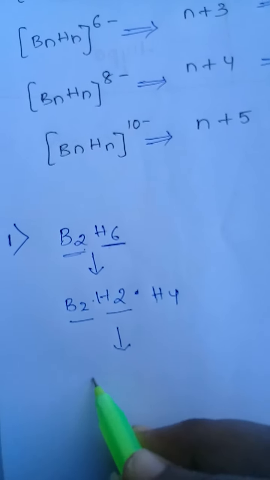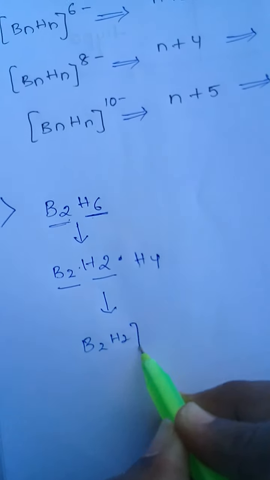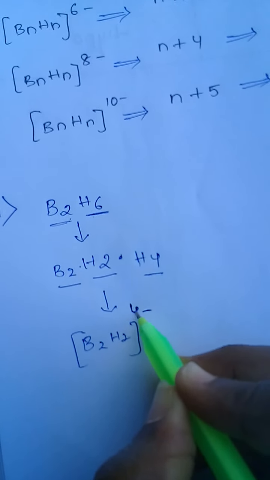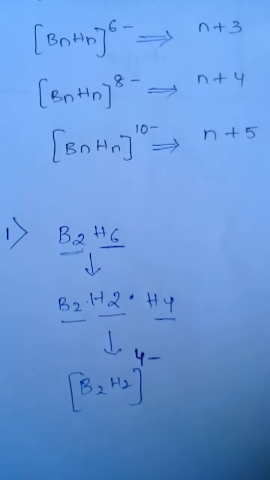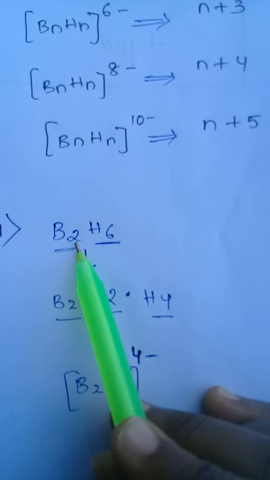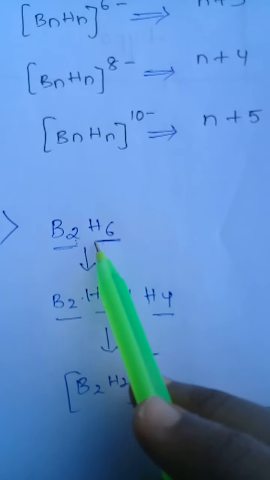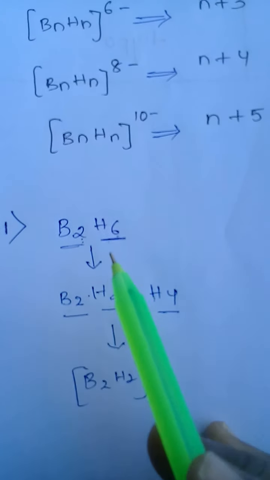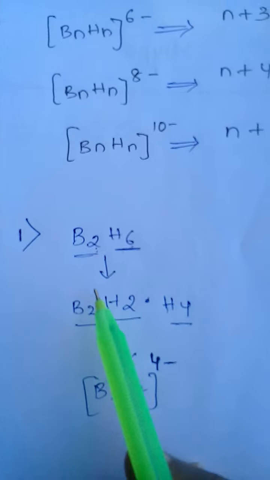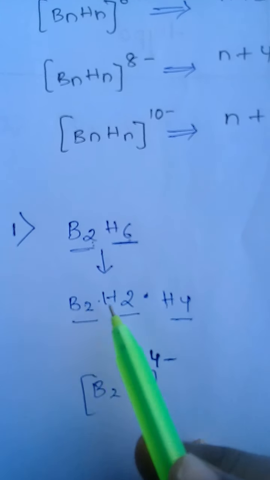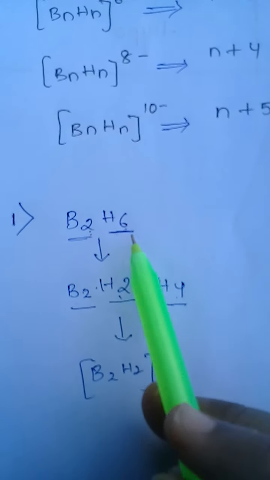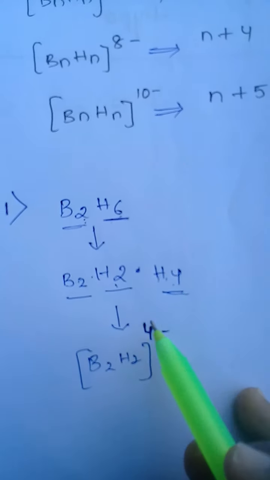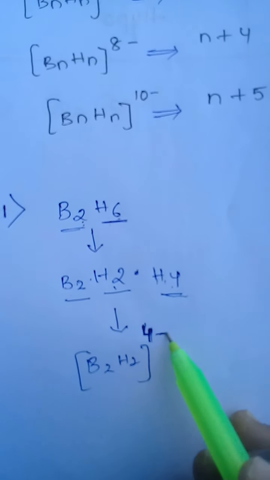So B2H2, and these 4 hydrogens are written as charge 4 minus.